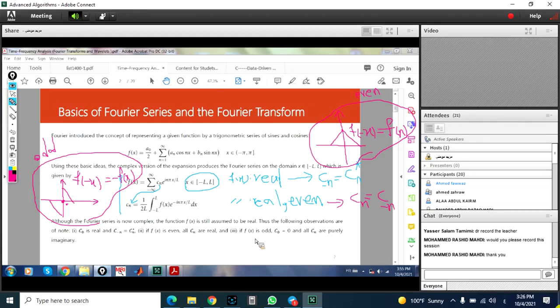And if real and odd, the Cn would be complex.